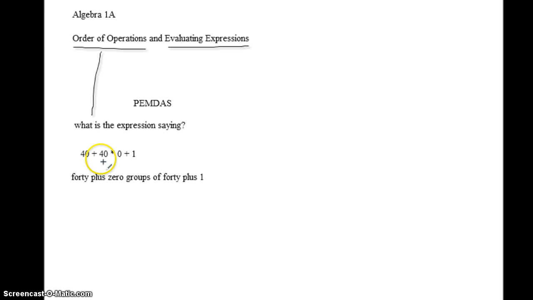Whenever you see multiplication, it's just groups of. Well, 0 groups of 40 is just 0. And so this becomes 40 plus 0 plus 1. That's literally what it's saying. If you put that into a calculator, it will give you the same answer.